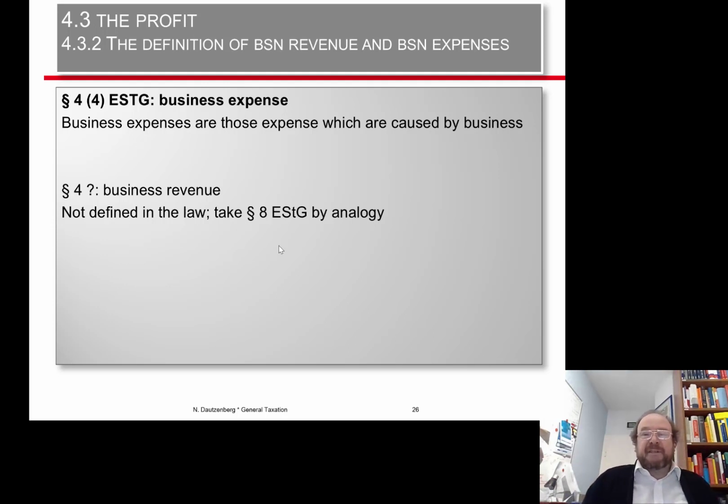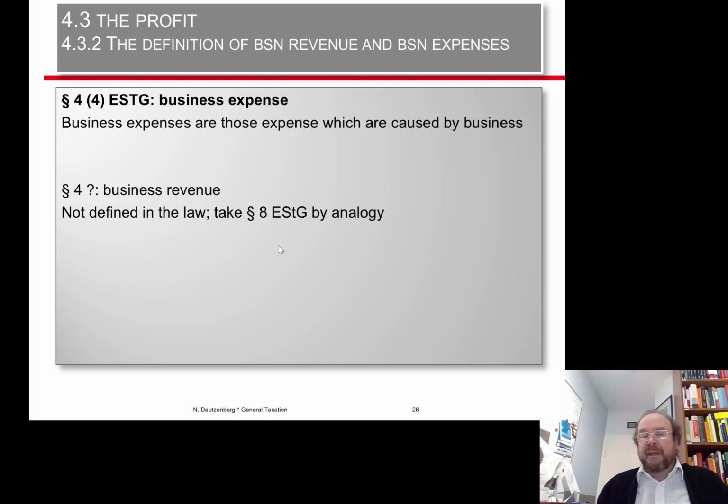Okay. Now, let's look to the contents of the profit and loss statement. We have already spoken about income-related expenses and revenues, and it's not a secret that in the business area, the basic concepts are probably the same, but you speak of them with different terms, and there are different references in the law.